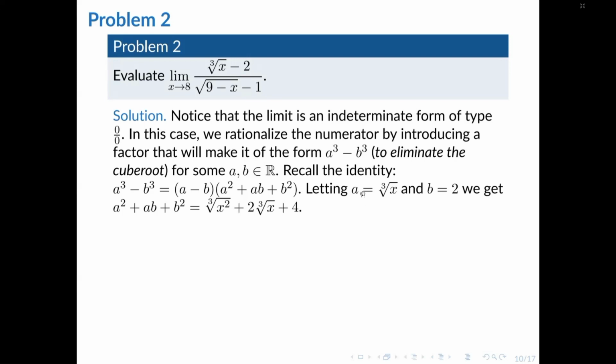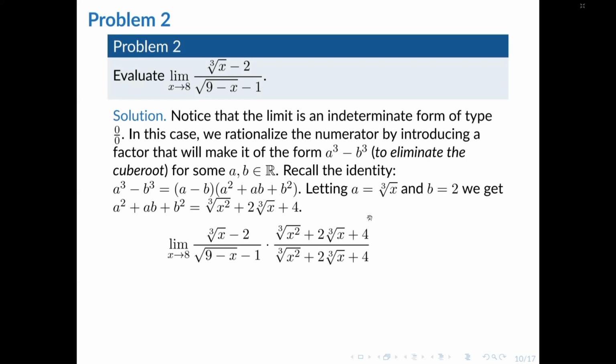We can let a be equal to the cube root of x and b be equal to 2. So we get a squared plus ab plus b squared, which is equal to the cube root of x squared plus 2 times the cube root of x plus 4.